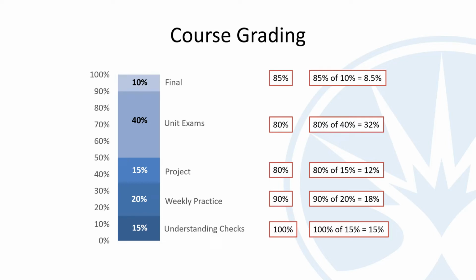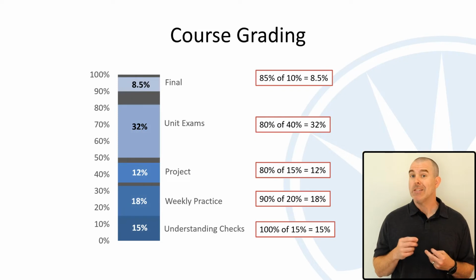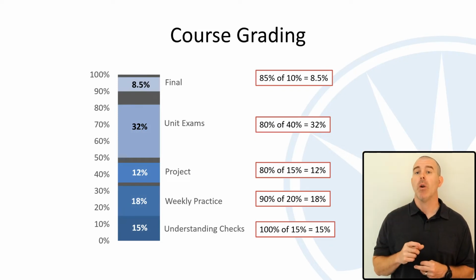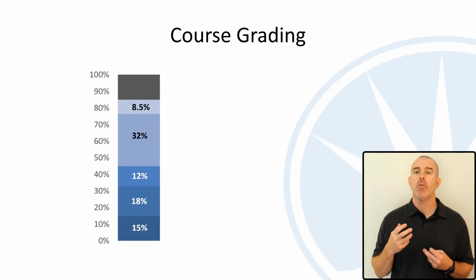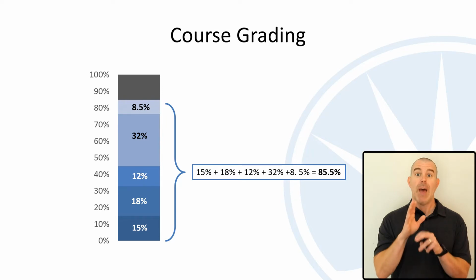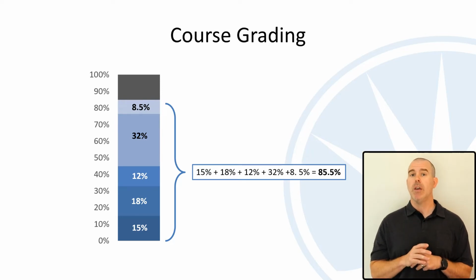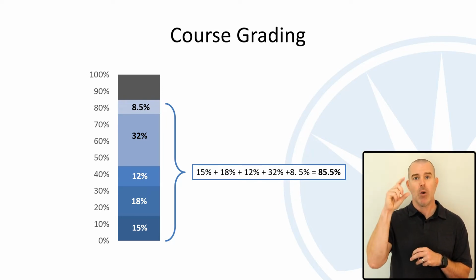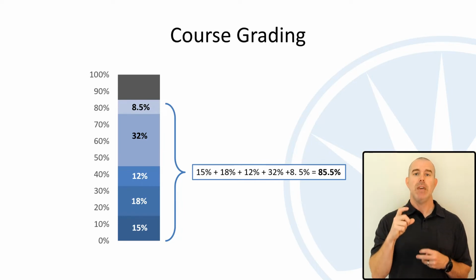So if we look at this particular student's overall grade, we have those weights, so they only get a portion of each category, and then you add up each of those weights to get an overall score, in this case of 85.5%. So that's how your overall grade is going to be computed. You have these different categories and you'll get a portion from each category.